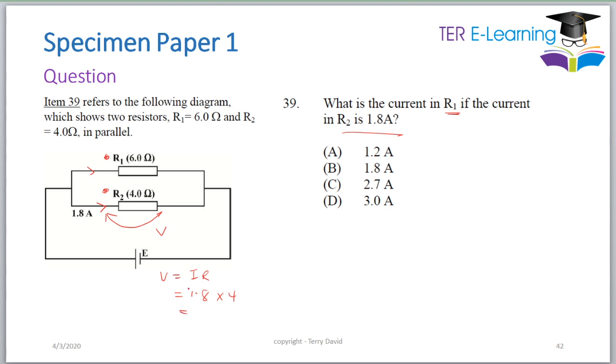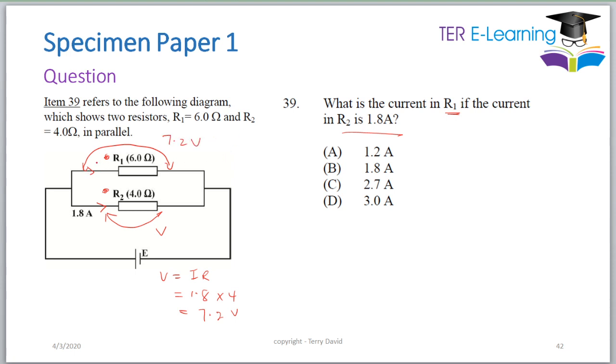So 1.8 multiplied by 4, and that will give me 7.2 volts, right? Now what that tells me is that because R2 is in parallel with R1, the voltage across this is also 7.2 volts.